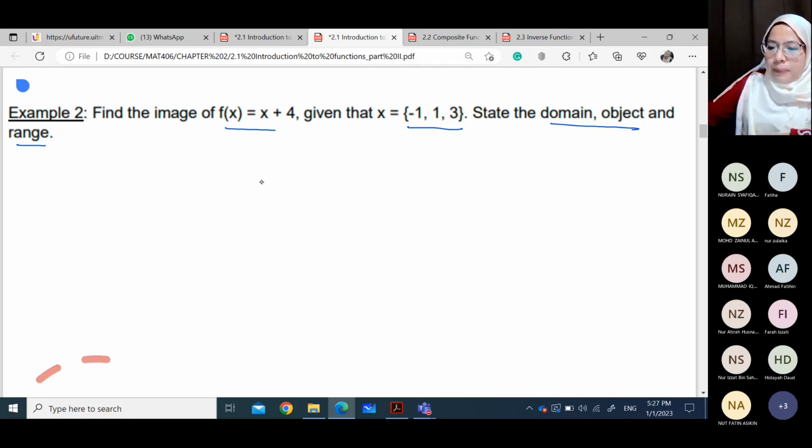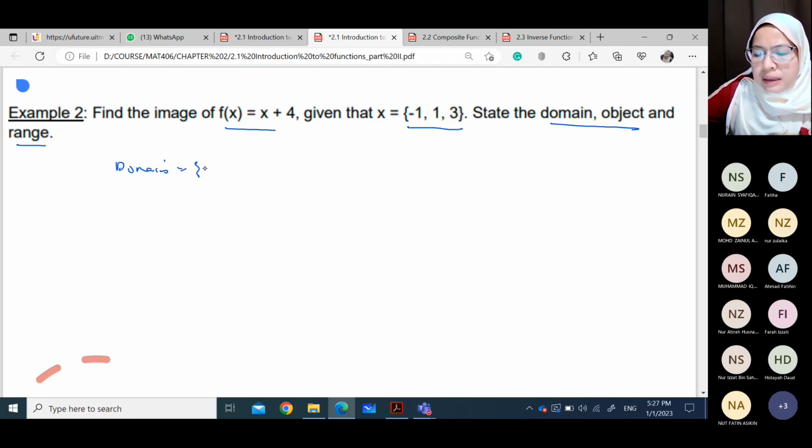So the domain is negative 1, 1, 3, and it is also the object. The object is the same. So now the range, we need to find it. The values of x are negative 1, 1, 3, which are the objects.